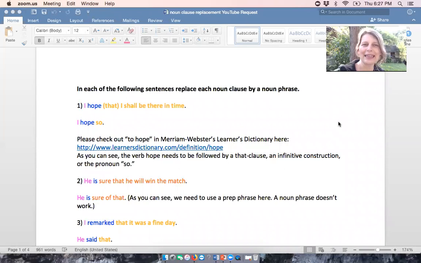Okay, the little task at hand was to take sentences that contain noun clauses and replace the noun clauses by nouns. Now, the problem is that often noun clauses cannot simply be replaced by nouns. And I actually also am not fond of these kinds of tasks.